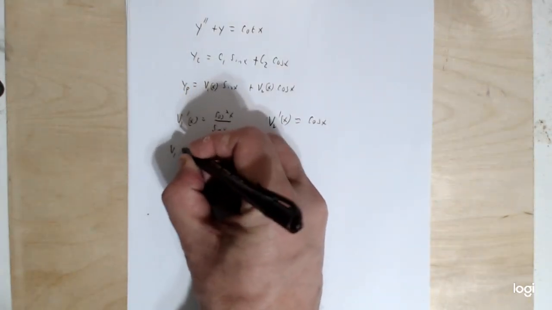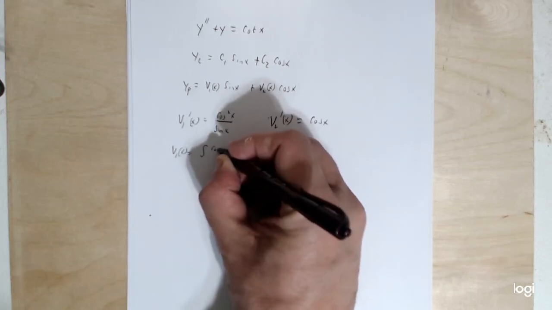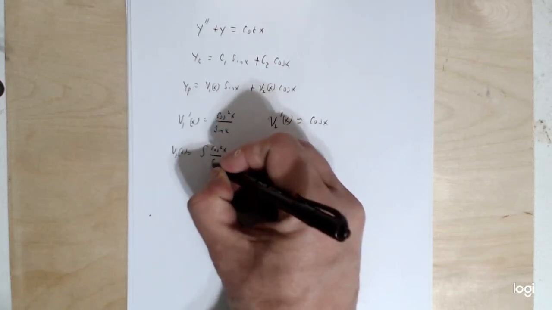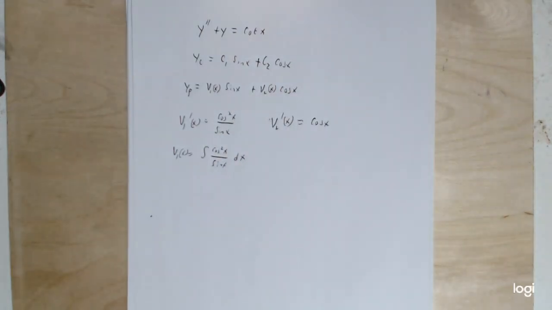So v1 of x is going to be the integral of cosine squared of x over sine of x dx. And it's usually the case that at least one of these two integrals is not going to be terribly pleasant. Okay, so we just have to deal with that.